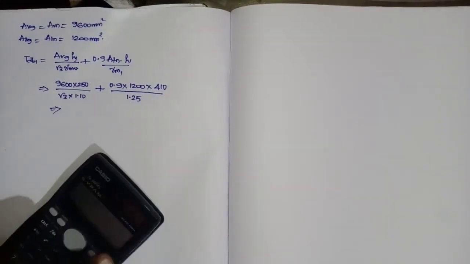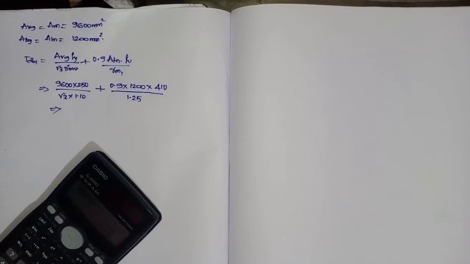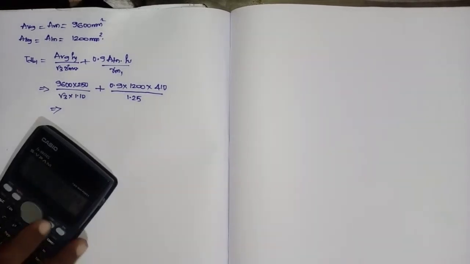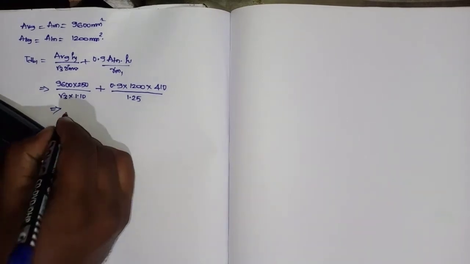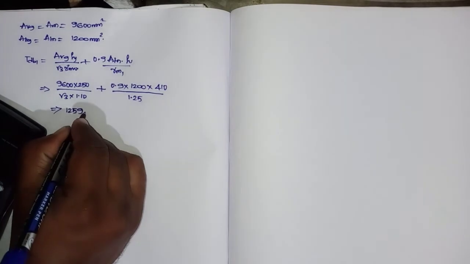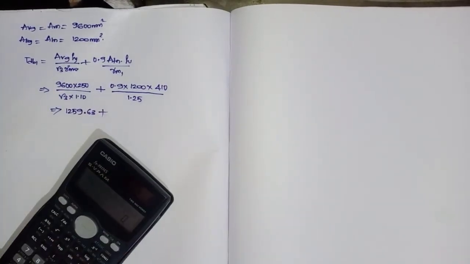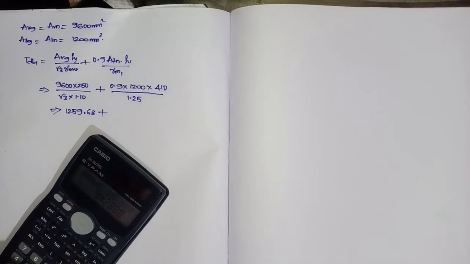So how much it is? 9600 into 250 divided by root of 3 into 1.10, so how much it is? 1259.63 kilonewtons plus 0.9 into 1200 into 410 divided by 1.25.